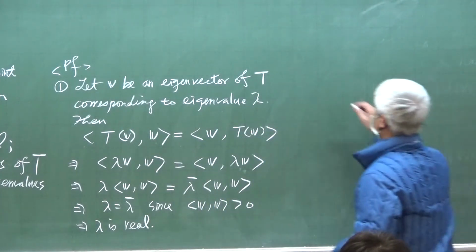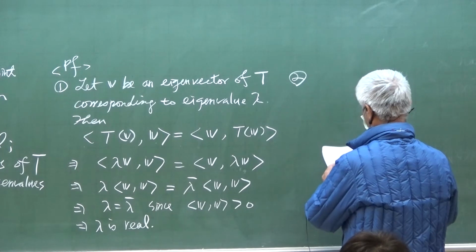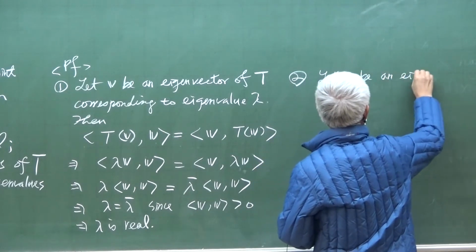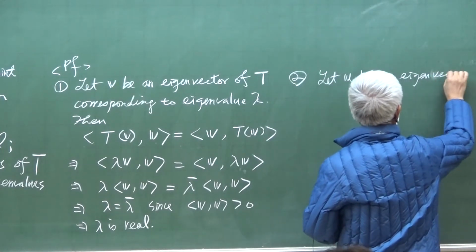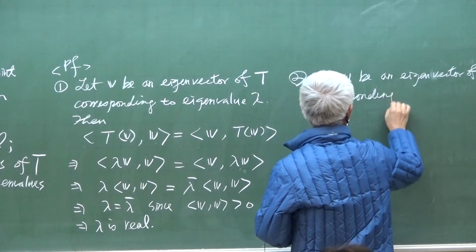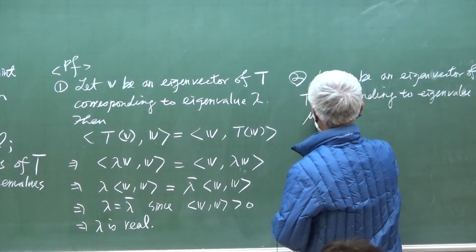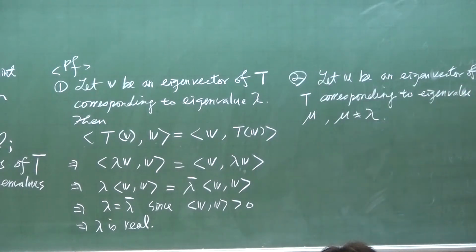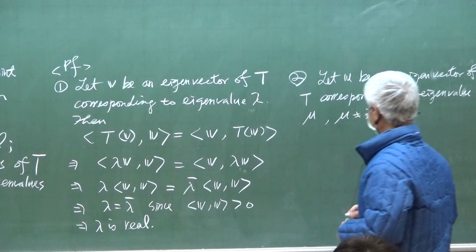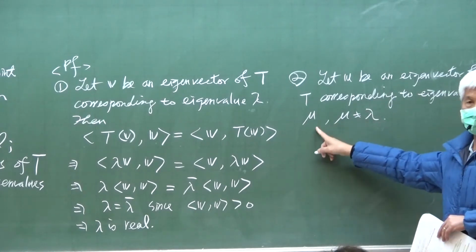Okay, so this is the first part. Let's see the second part. Now, let u be an eigenvector of T corresponding to eigenvalue mu not equal to lambda. So we have an eigenvalue lambda with eigenvector v, and consider u an eigenvector of T corresponding to eigenvalue mu, and mu is not equal to lambda.